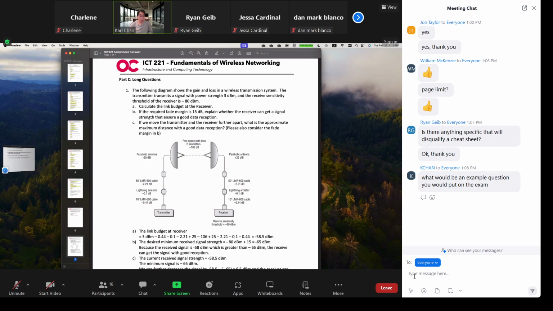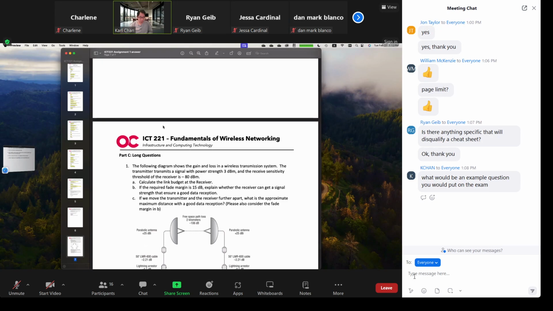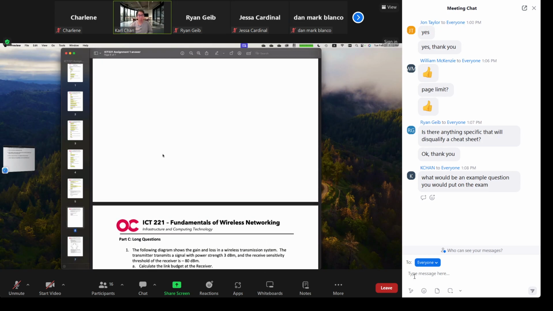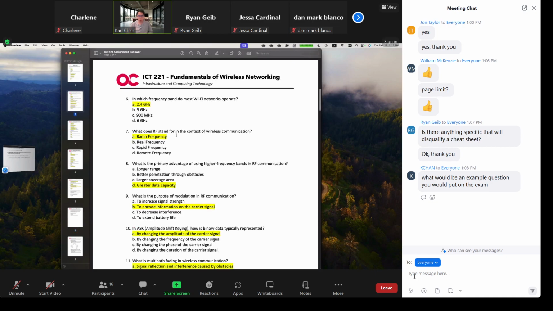So what I suggest is that you prepare your cheat sheet. Don't copy anything from the assignment to the cheat sheet. You can make an example, or you can summarize the concept on the cheat sheet, because you will never see any questions exactly the same. I'm not copying the questions from the assignments.